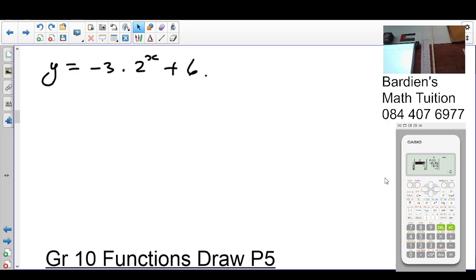So, we start with the shape of this graph. Considering that, what can we say? Increasing or decreasing? It's increasing. Not so?